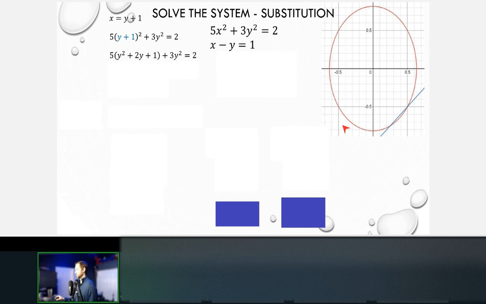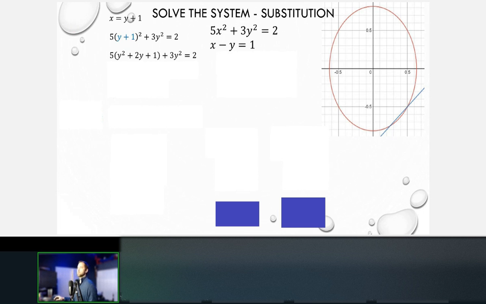Do you want to solve by factor by grouping? I'm asking you, how are you going to solve this other than graphing? All right, we are not sure.